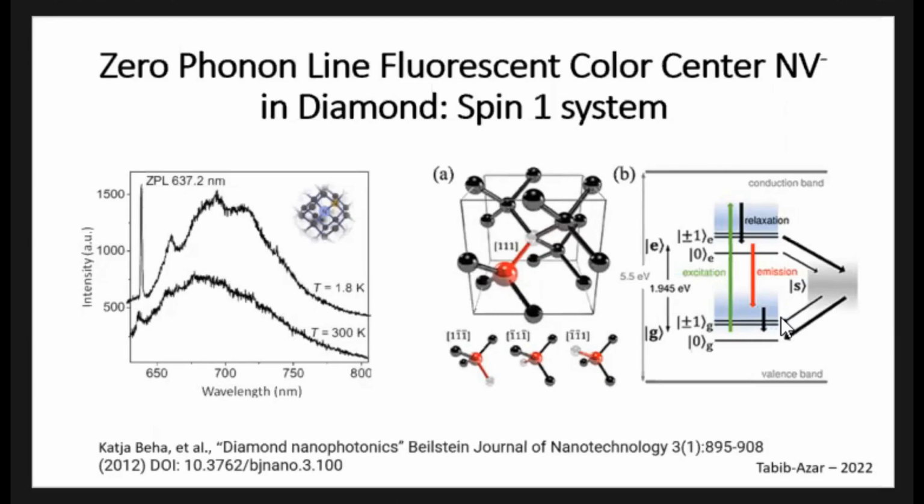If you don't unpair the electrons, and they're in the zero spin ground state of the defect, then the luminescence that comes out of the diamond is red. It's pretty broad, but there is a very sharp line called the zero phonon line. This luminescence is only there if you do not pair the electrons in the minus ground state.